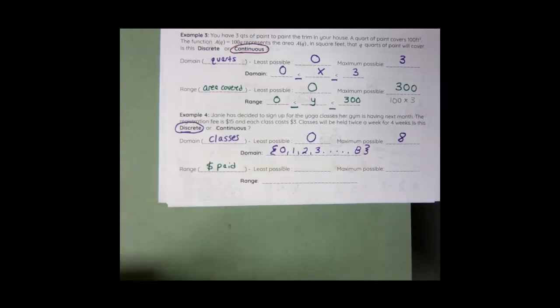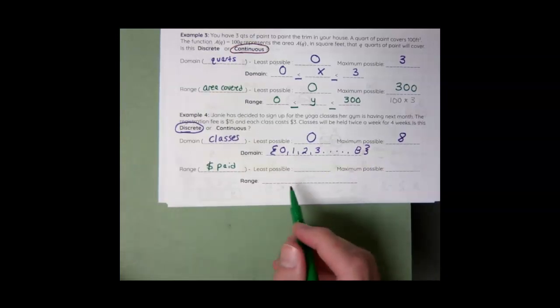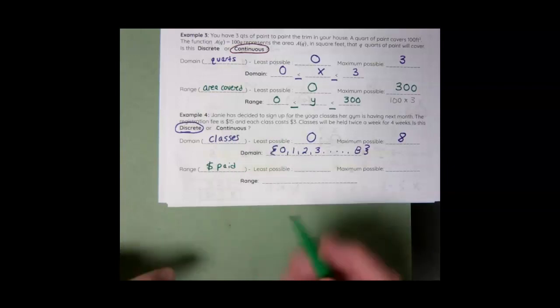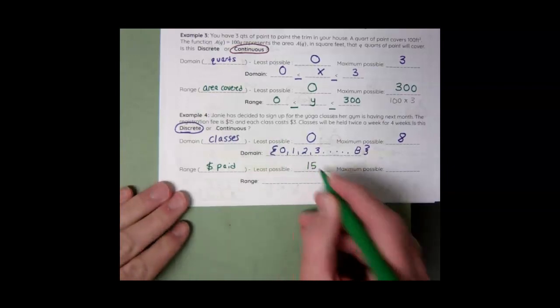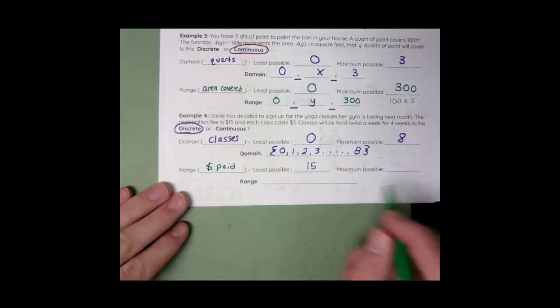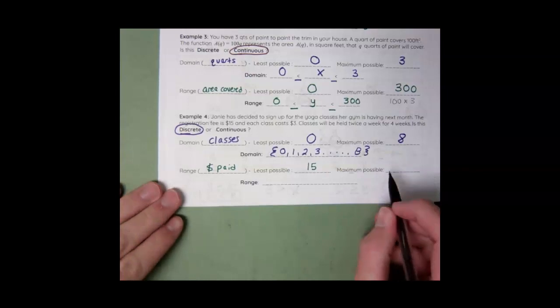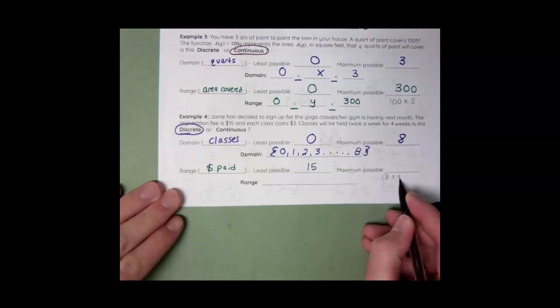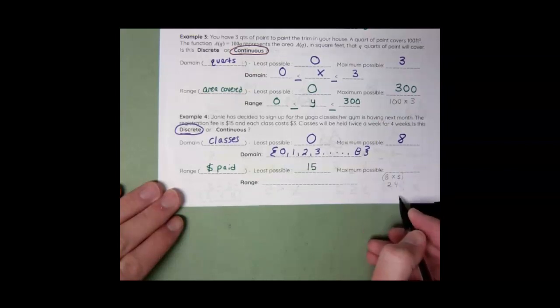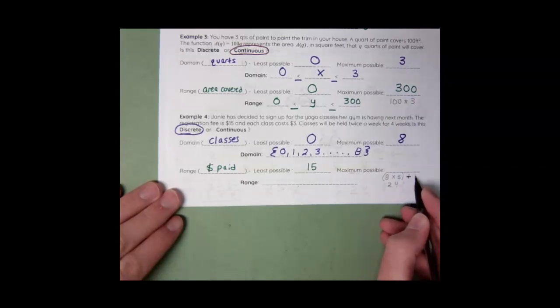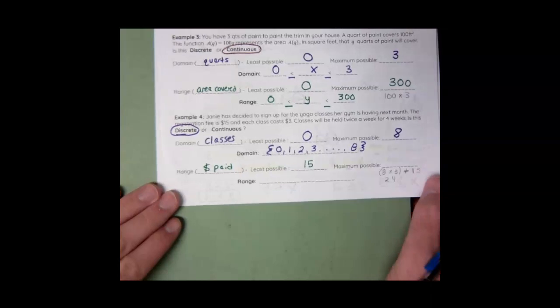For the money she pays, well, she has to at least pay $15 because that's her registration fee. Right? Maximum possible, you have to do a little bit of math. If she takes all 8 classes and pays $3 for each class, that would be 24. But you have to also take into account that she paid the registration fee.